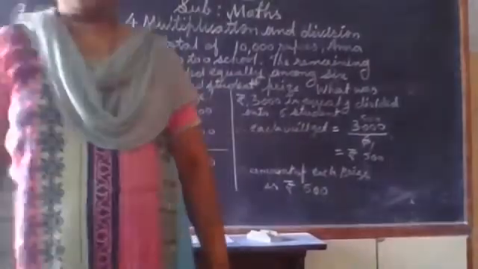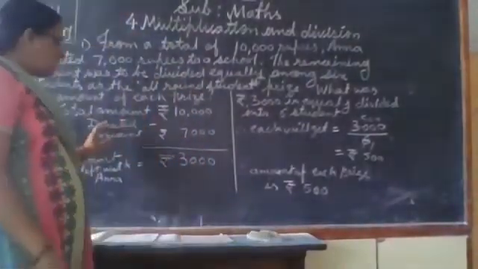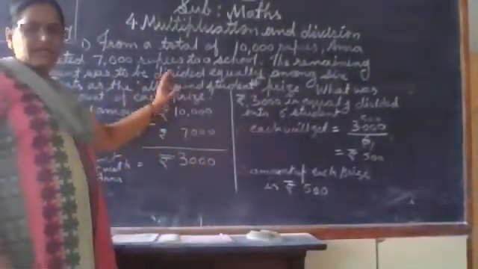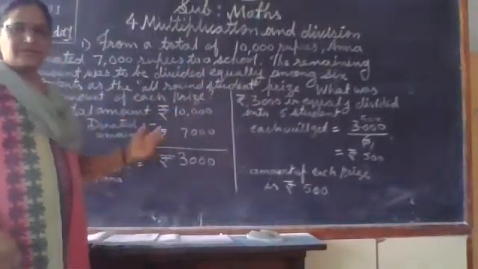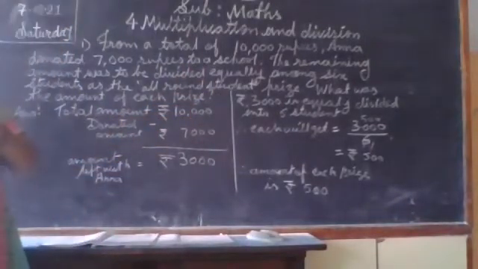Got it? So here we first subtract and then divide. So what type of problem is it? It is the mixed problem. Got it? Now let us see another question.